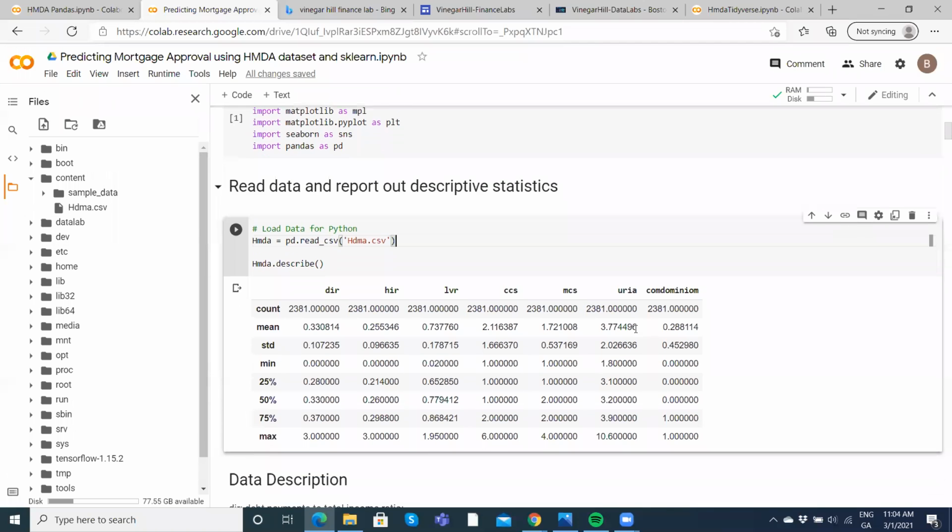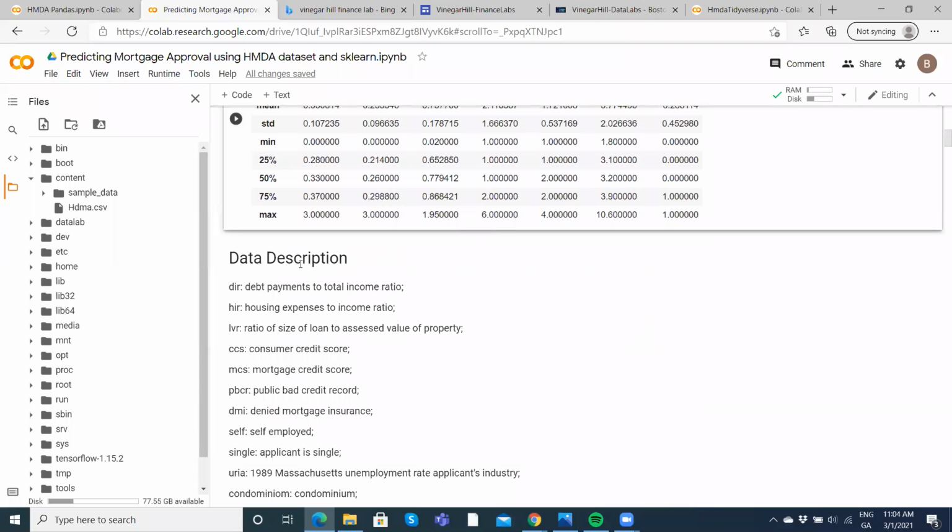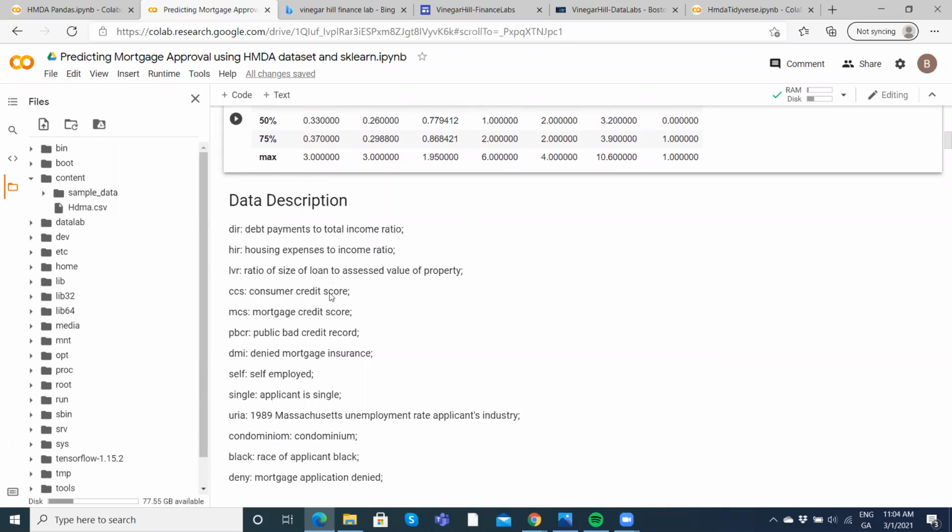We need a little bit more here, and the data description, which comes from the original HMDA data set: DIR is debt to payments. So this is, if you like, creditworthiness values.